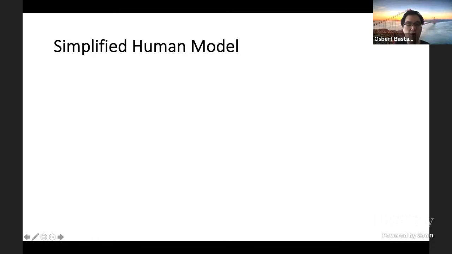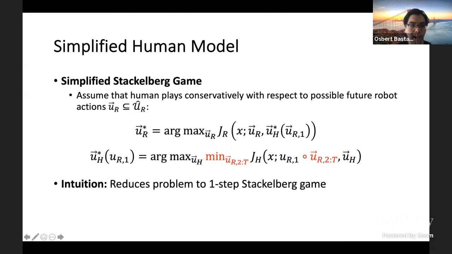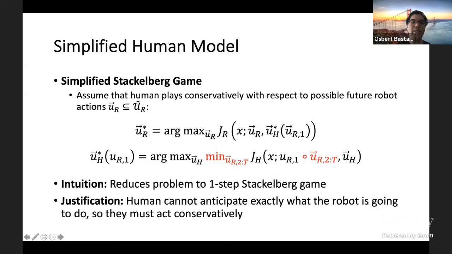Before we continue, in this work we are actually working with a simplified version of the human model. Rather than a multi-step Stackelberg game that alternates back and forth between the human and the robot, we're considering a one-step Stackelberg game.